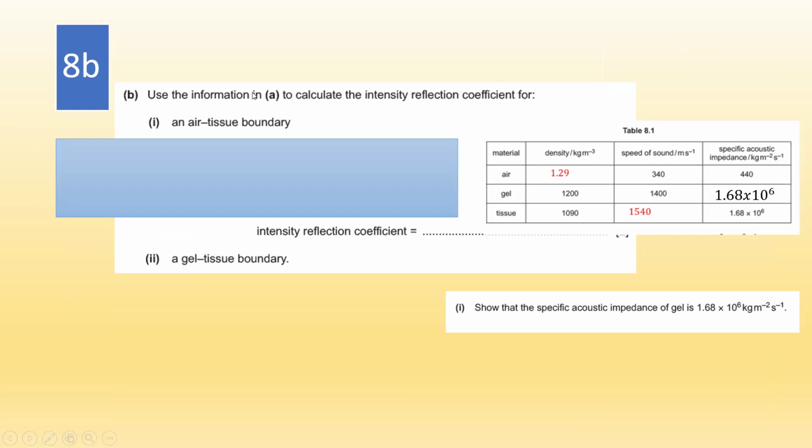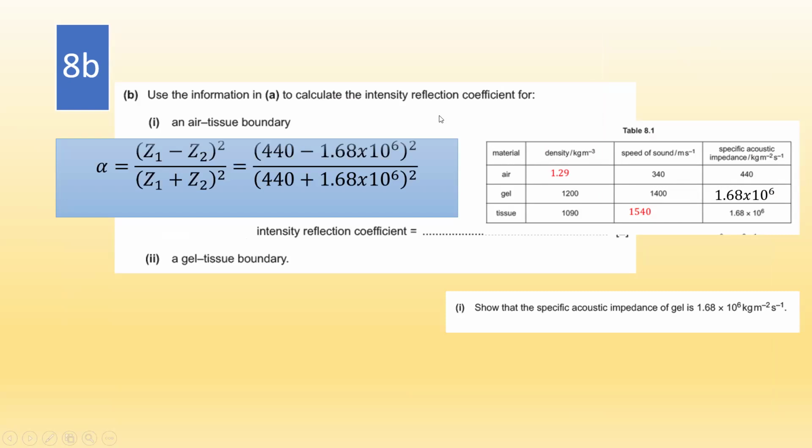Use your information in A to calculate the intensity reflection coefficient. There's your formula given in your formula sheet. Okay, Z1, air and tissue. So this is Z2.